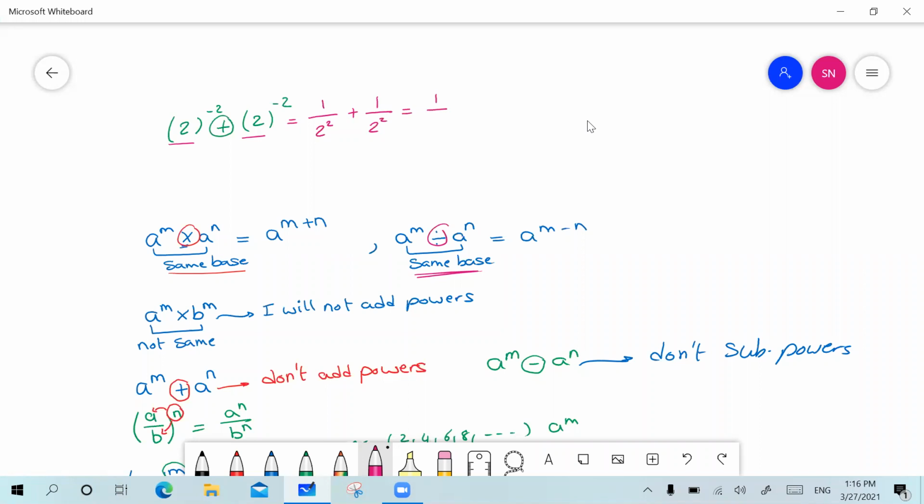So this is 1 over 4 plus 1 over 4. When I am adding fractions, I have the same denominator, so the base is the same. And I go and make 1 plus 1, so it is 2 over 4, which is equal to half. Did you get it now, Yusuf? Okay, great.